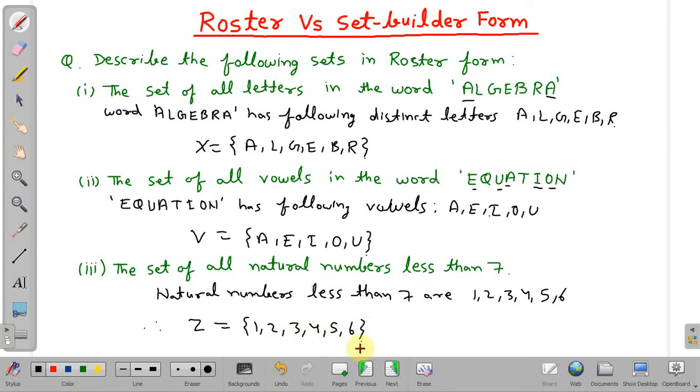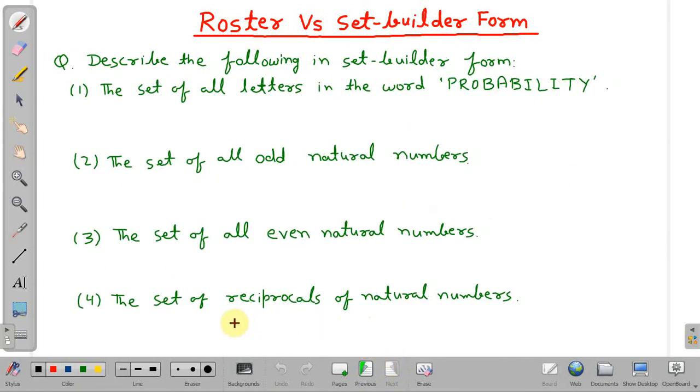So one more problem we will solve. In this problem we have to describe the following in set builder form. So here we have to represent the given sets in set builder form. First one is set of all letters in the word probability. How can we describe it in set builder form?